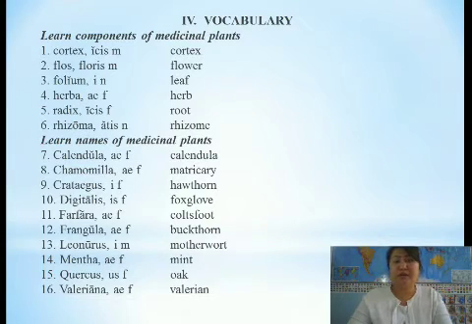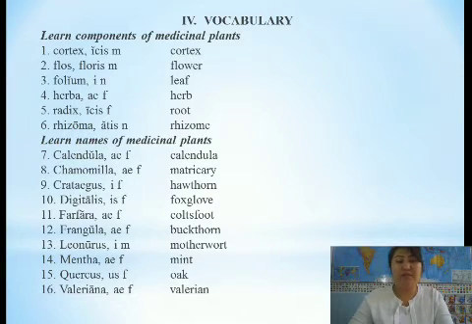And here we have some names of medicinal plants. These words are also very important, that's why you have to learn these words. For example, calendula, calendulae, feminine, calendula. Chamomilla, chamomillae, feminine, chamomile. Crataegus, crataegi, feminine, hawthorn. Digitalis, digitalis, feminine, foxglove.